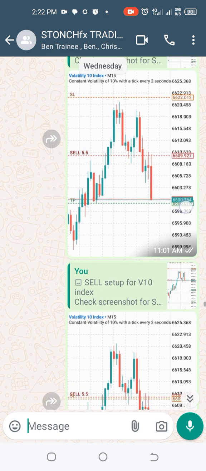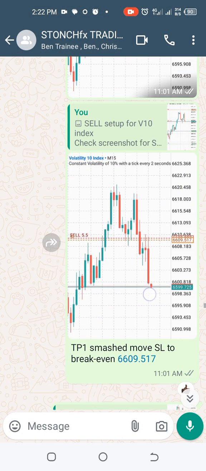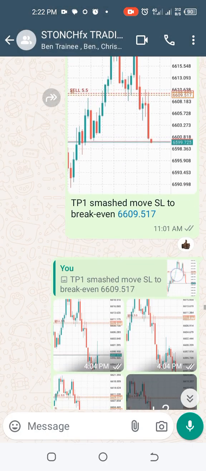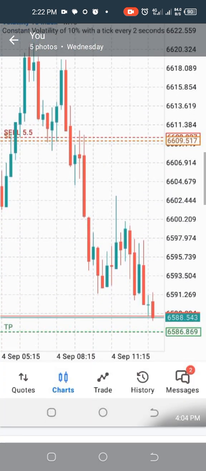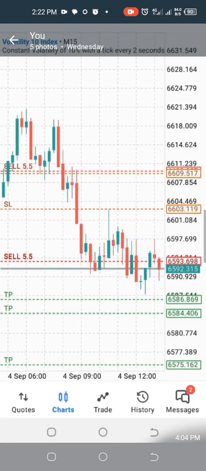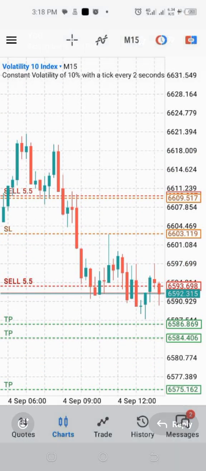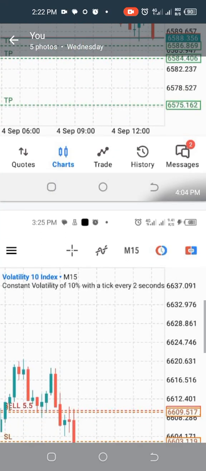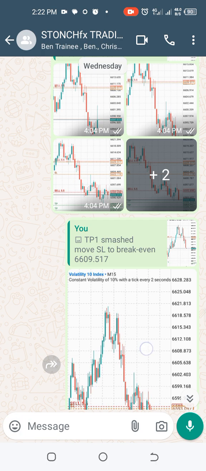You can see the progress of the trade, and the progress continues. We took some more entries while we were holding, and you can see the progress of the trade.